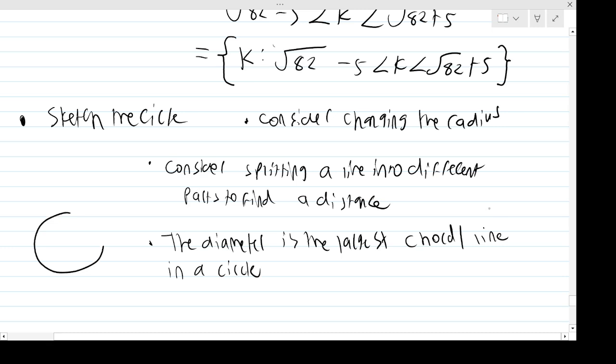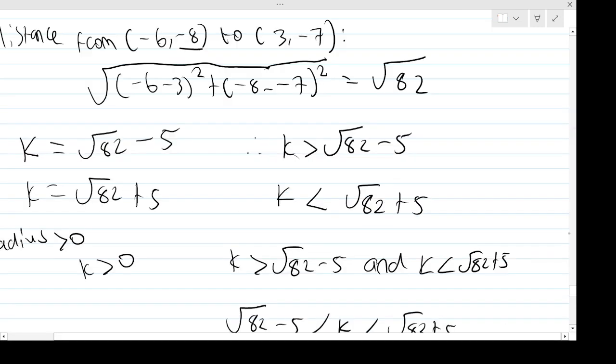If you have a circle, a chord is just any line in a circle. It goes to 2 points. So say you have a chord there, and then a chord there. Hopefully you know it's getting bigger. And then if it goes through the centre, that's the diameter. The diameter will always be the biggest chord or the biggest line in a circle. And again, that helped us in these two questions.